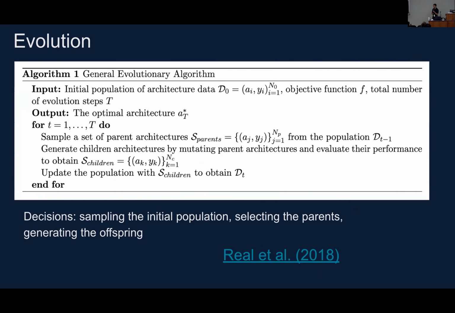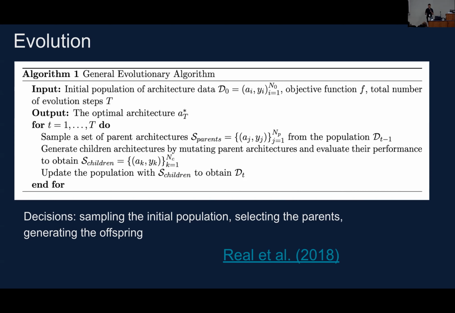Okay, so next, evolution is also used quite a lot in neural architecture search. So in 2018, a team at Google showed that regularized evolution can achieve state-of-the-art performance in neural architecture search. So the idea for this algorithm is that in each iteration, we maintain a population of architectures.